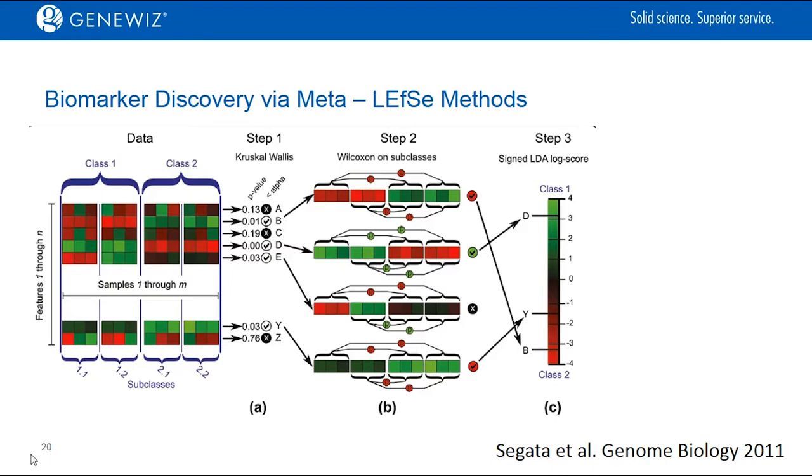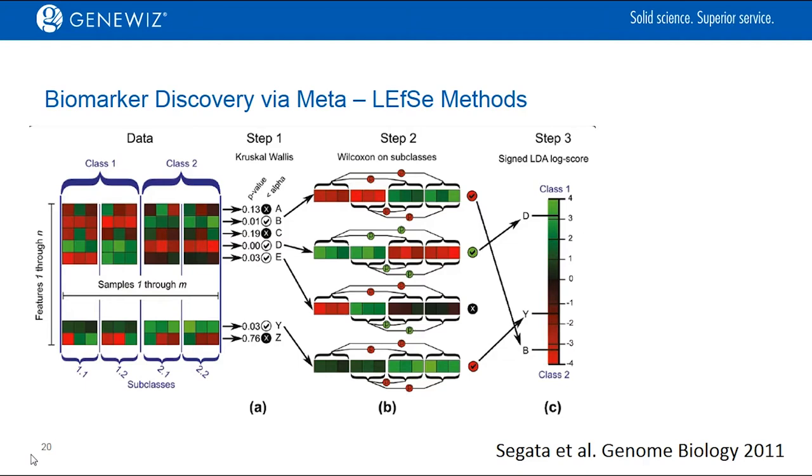So after performing these statistical methods on our input data, we will have a final list of features which are going to be discriminative between classes or conditions, consistent within subclasses, and ranked according to the effect size with which they differentiate these classes. So at the top of this list, we're going to find great targets for biomarkers.